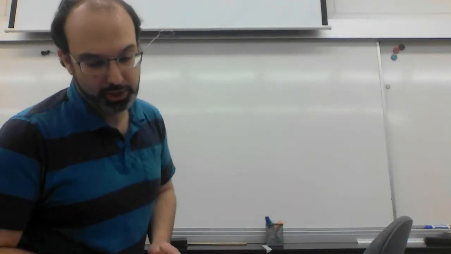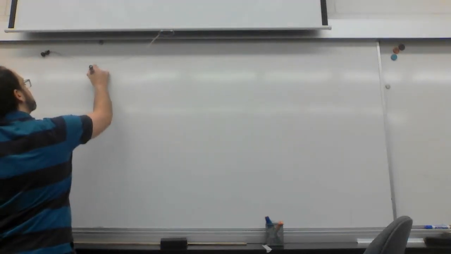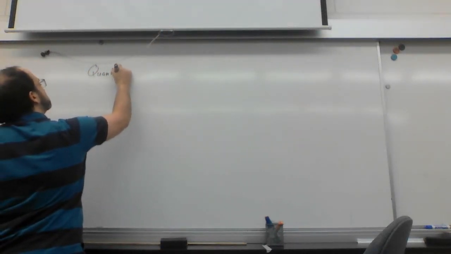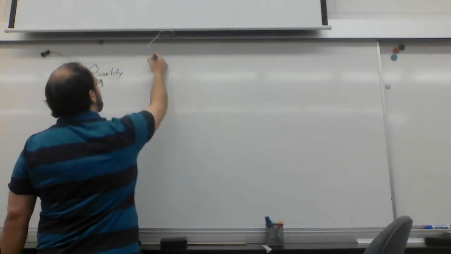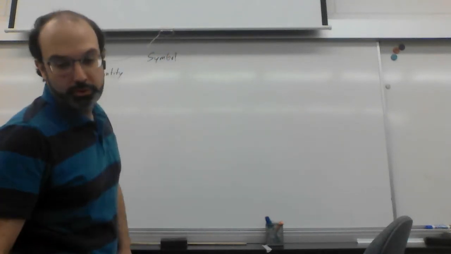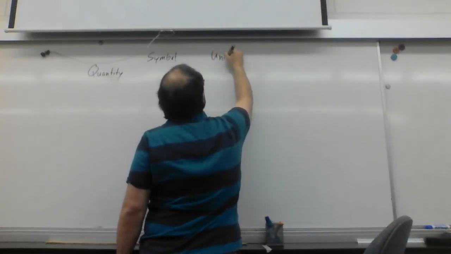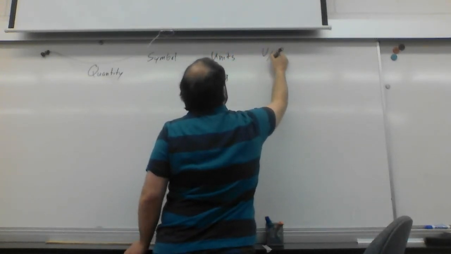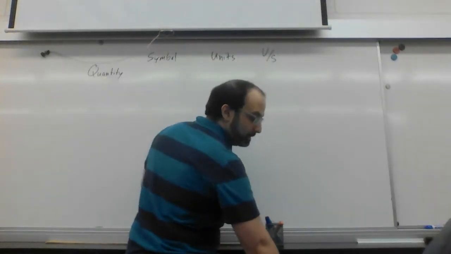All right, so we got the quantity, AKA whatever we're talking about. We got ourselves a symbol, and we got ourselves some units. We're asking, is it a vector or is it a scalar? And then finally, formula.